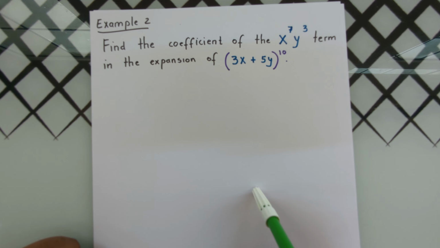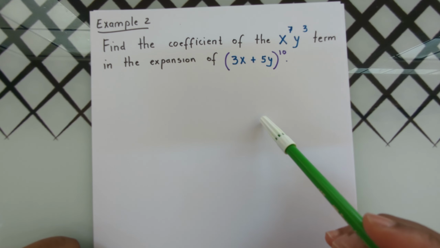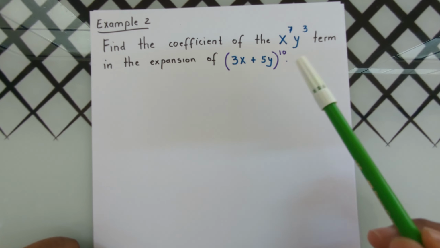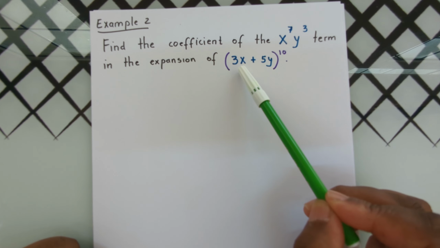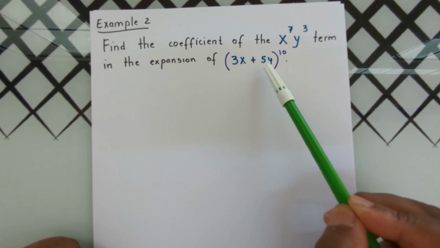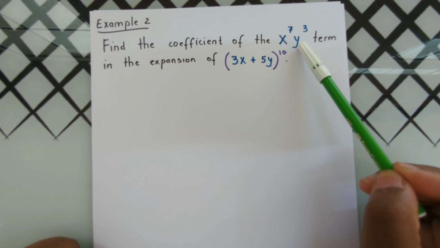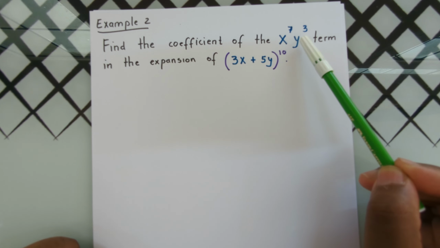So the first thing that we need to do in this case is to identify the value of r, because we know that our r goes from 0 until 10. So if we check here, we have two terms inside the brackets. The term on the right side is the one with the y, which is also the one on the right side here. We have y to the power 3 on the right side.